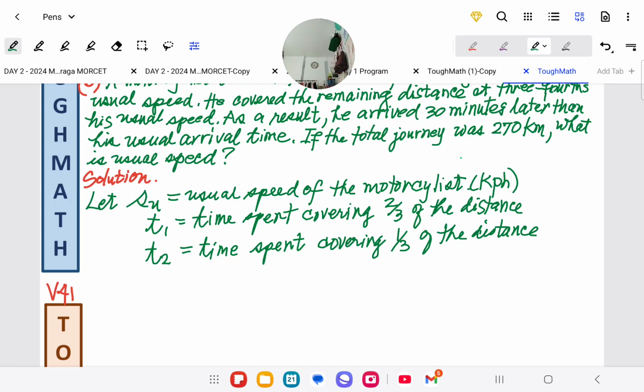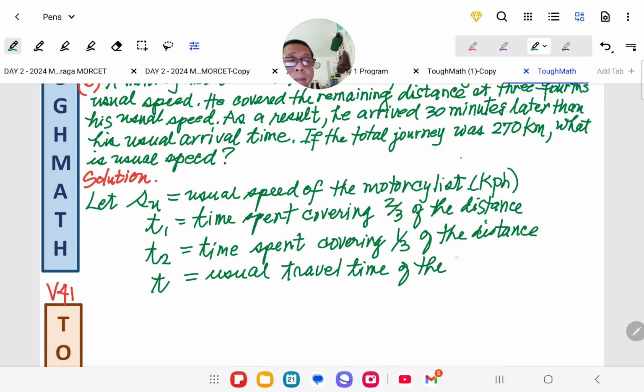And T, the usual travel time of the motorcyclist.